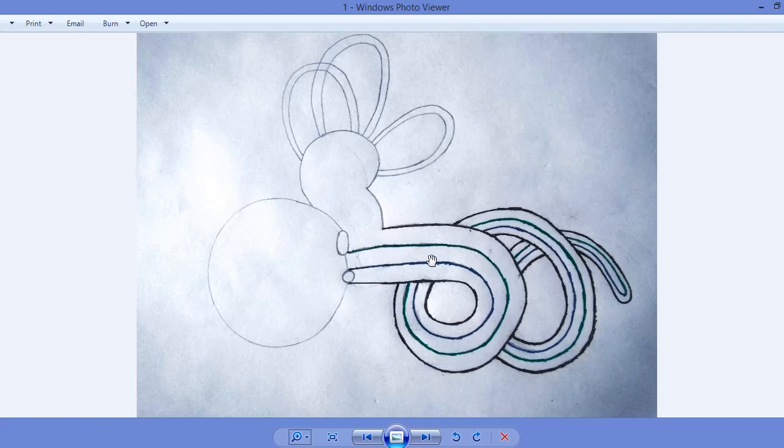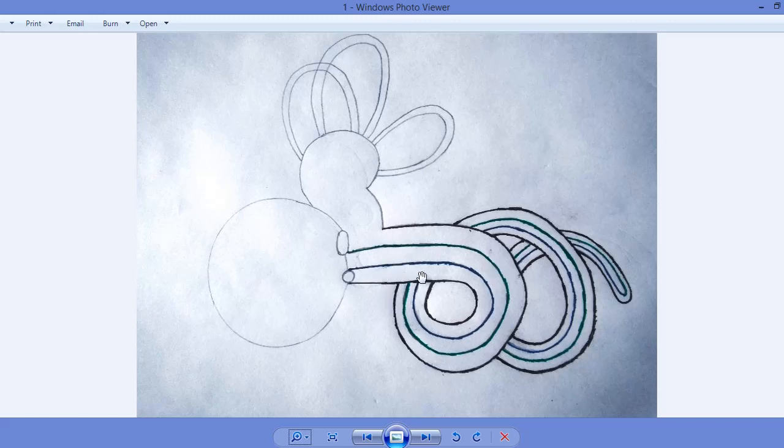The middle one is called scala media or cochlear duct. The lower, inferior one is called scala tympani, or tympanic duct. So three ducts are there: scala vestibuli, scala media, and scala tympani.